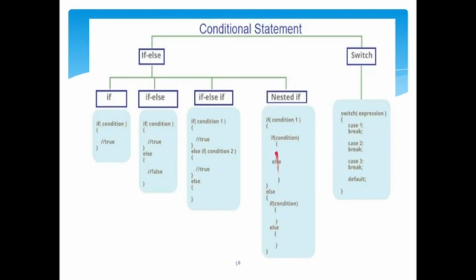We have written only two things, if else statements only, but inside the first if we have written one more if else, and inside this else we have written one more if else. Same syntax, having a condition, if it is true this must execute, and if it is false, the else block will execute. This is about nested if.